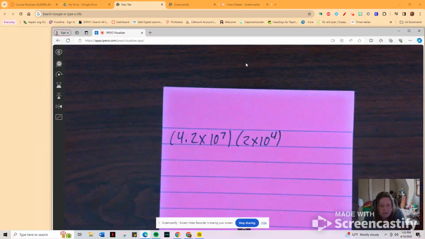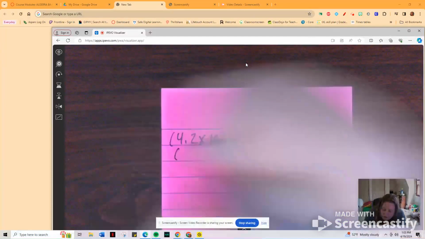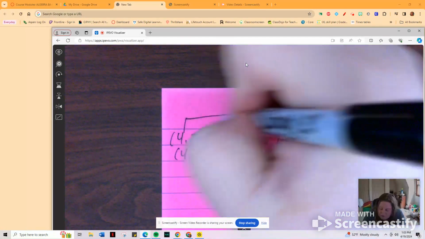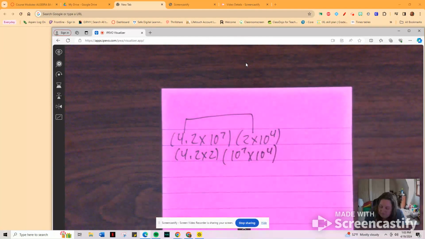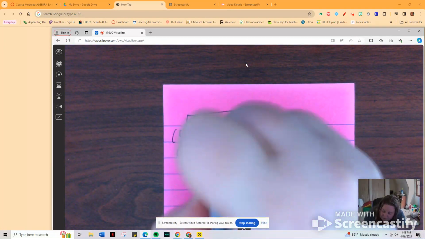When you're multiplying with numbers in scientific notation, because everything's being multiplied, we can use the commutative property to move these around. So I would rewrite this to be 4.2 times 2. Those are my coefficients. And then 10 to the 7th times 10 to the 4th. So I'd multiply the coefficients, which would give me 8.4.